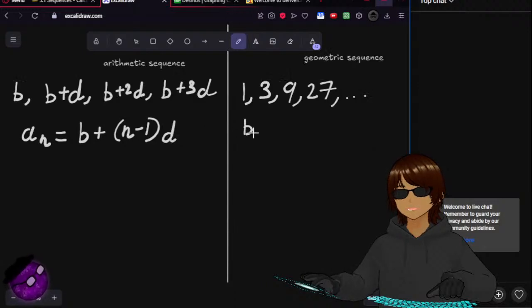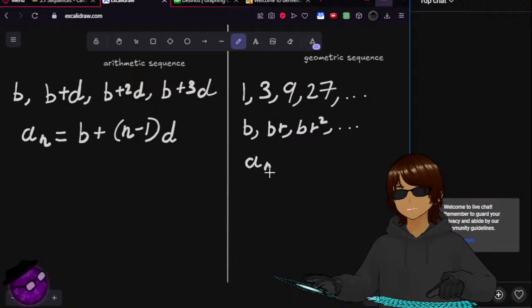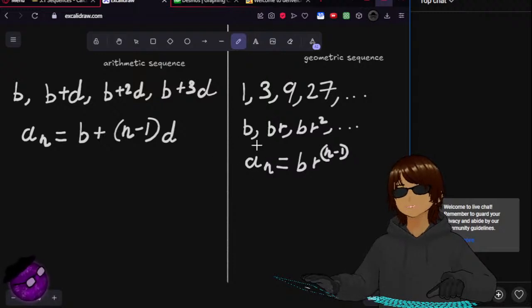So a, b, br, br times r, so br squared, and so on. So a particular term is r to the power of n minus 1, assuming that the first term is n equal to 1.